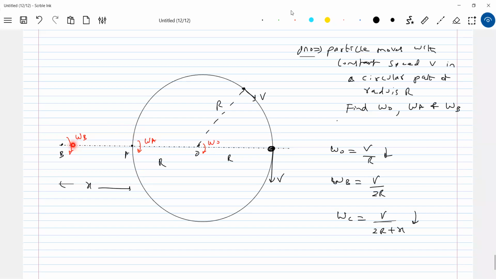When the particle again comes here, you have velocity V like this. So you take the component of velocity and then calculate the angular velocity. So definitely the angular velocity with respect to B will not be constant. At that position, I'll give that one.